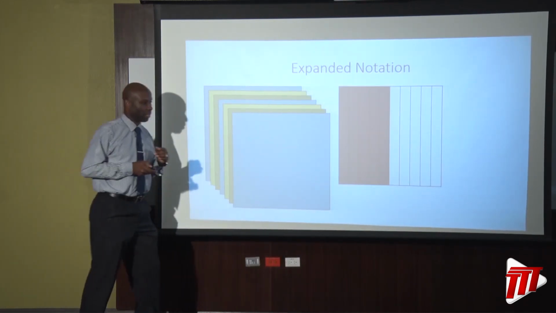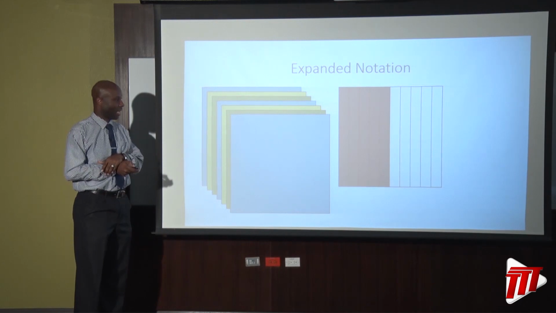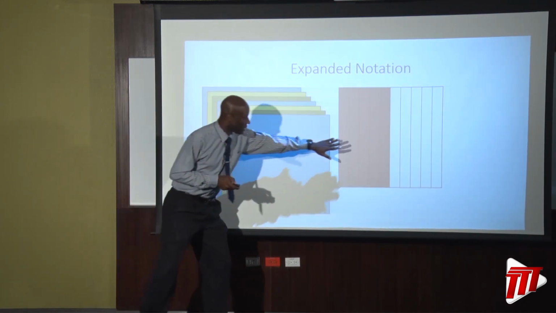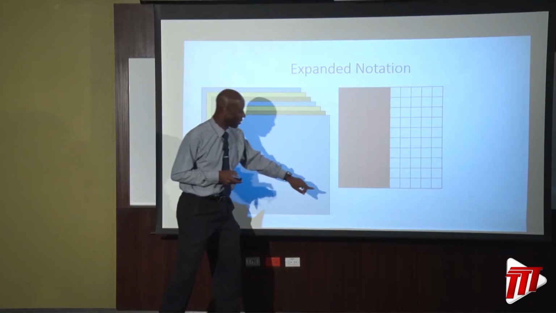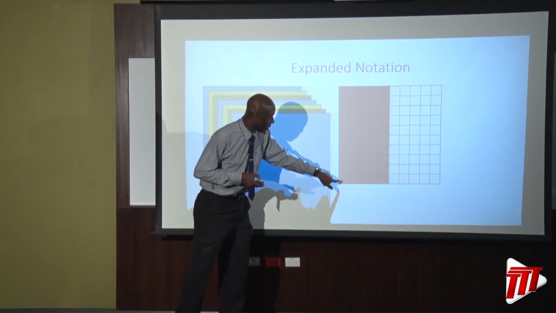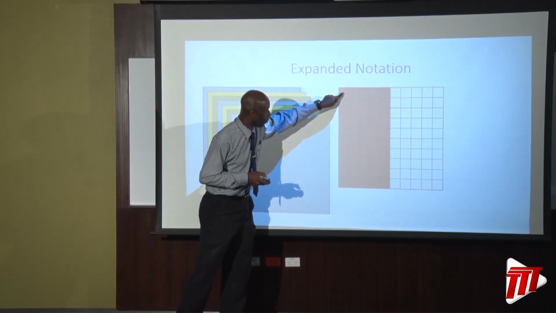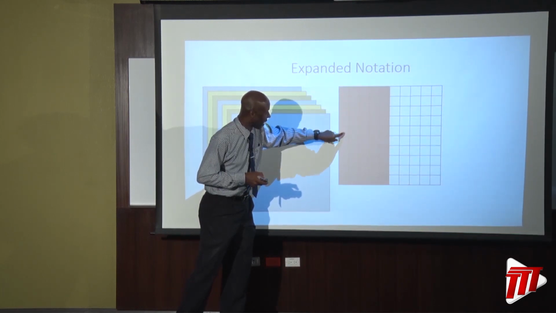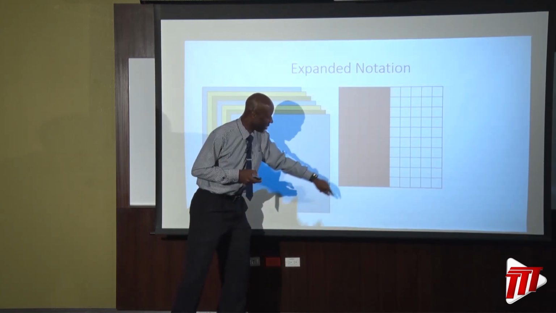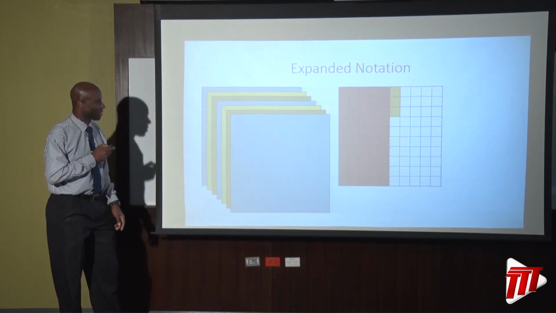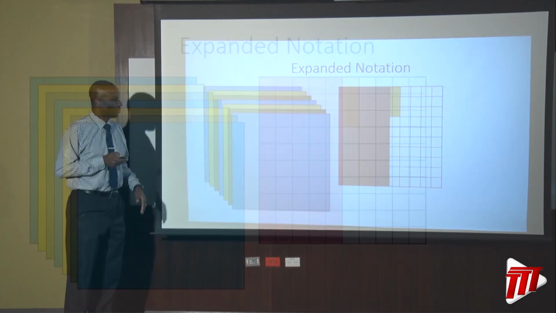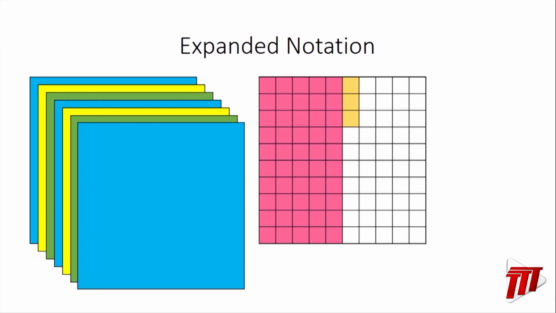To represent 3/100ths, I'm going to divide this whole into 100 equal parts. And once again, you can see that 1/10 is equal to 1, 2, 3, 4, 5, 6, 7, 8, 9, 10/100ths. 3/100ths would be 3 out of 100 equal parts.